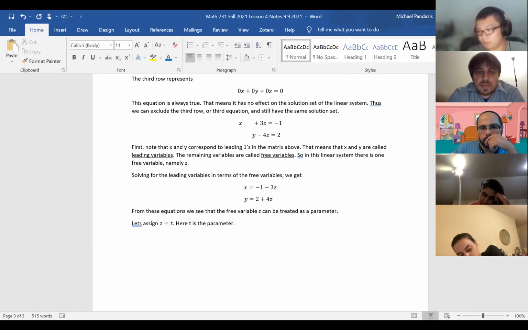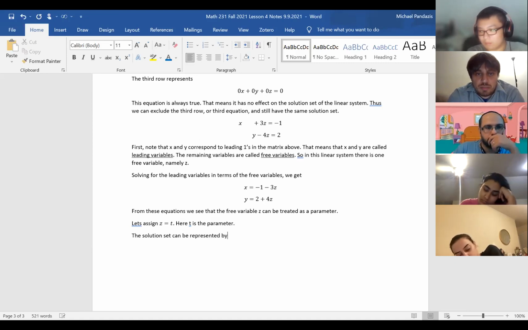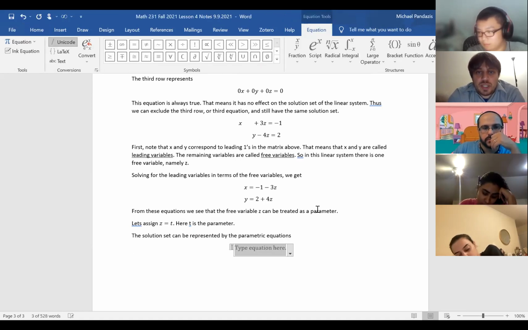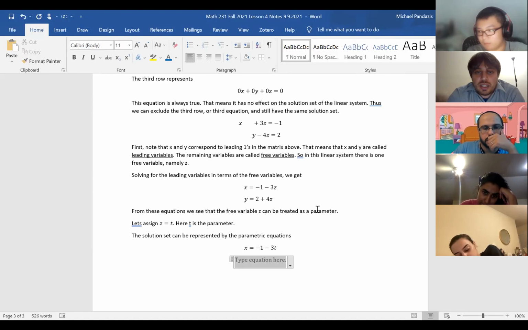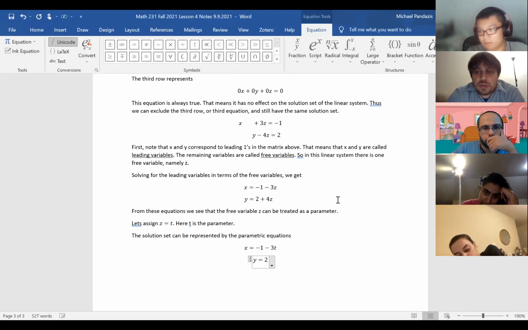So we let z equal t, and the solution set can be represented by the parametric equations. x equals -1 minus 3t, y is equal to 2 plus 4t, and z is equal to t.